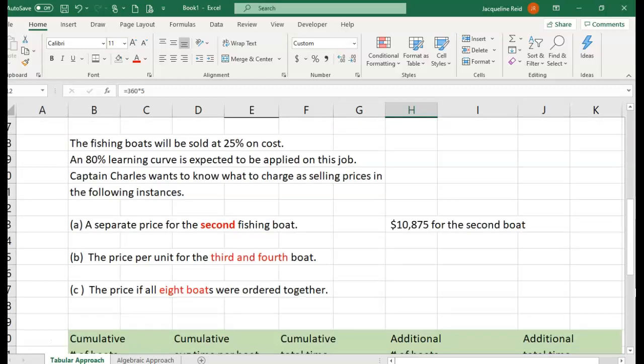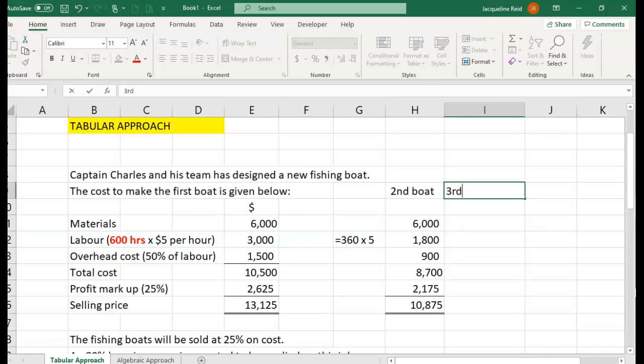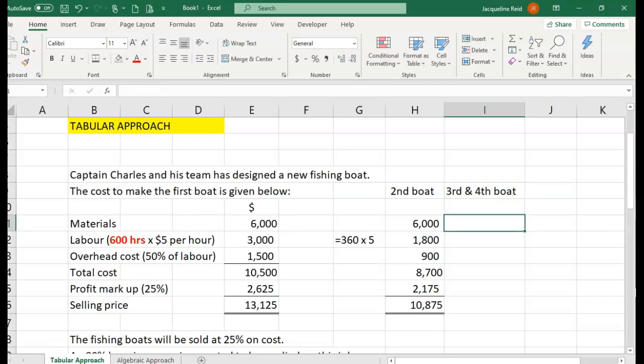The price per unit for the third and fourth boat. So we're going to calculate the two of them together, and then at the end we're going to divide that price by 2 because I want the price per unit for the third and fourth. So because we're making 2 boats, third and fourth boat, we're dealing with 2 boats.